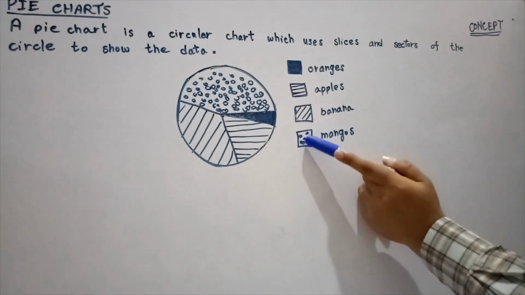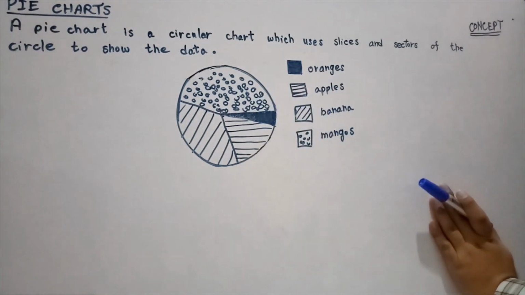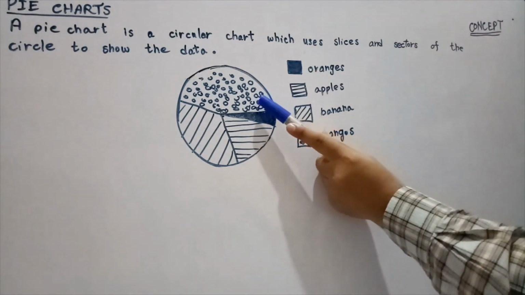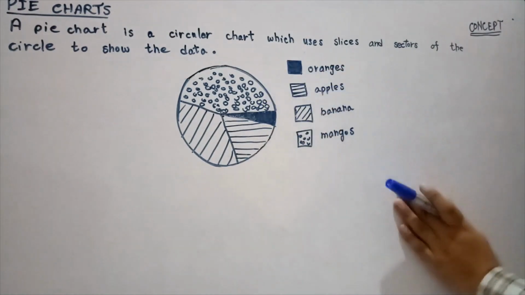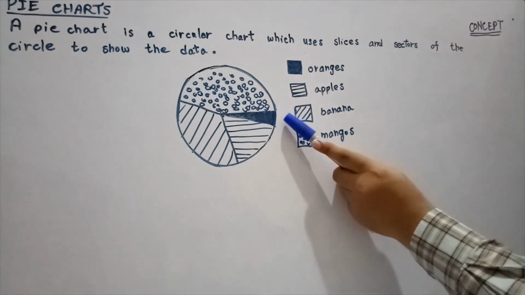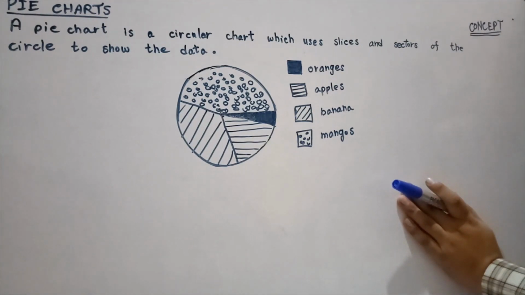Mangoes, so this rounded shape, this one, will represent the mangoes we have. And you can see that mangoes are present in the largest amount, and the oranges are present in the lowest amount in the basket.